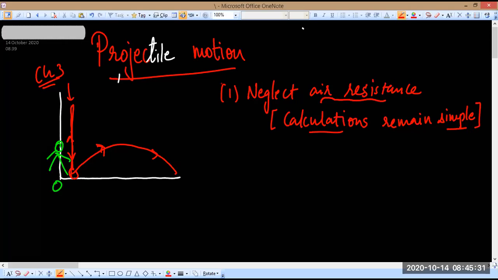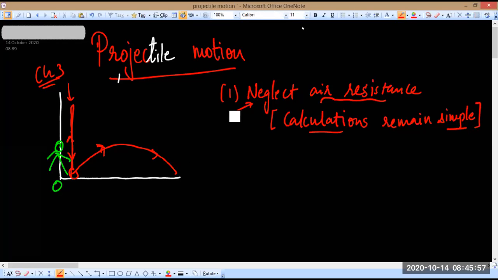The thing is, whenever we neglect something, whatever answer we are getting will definitely have an error. But as long as the error is small, we don't mind. પછી એવું ન થાય કે error બહુ વધુ હોય.